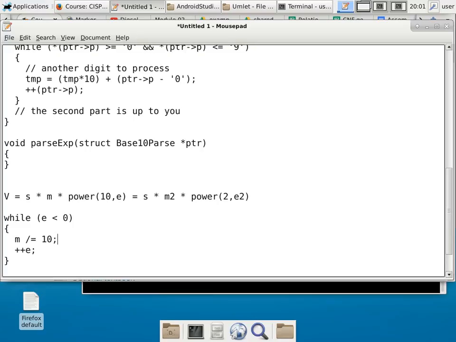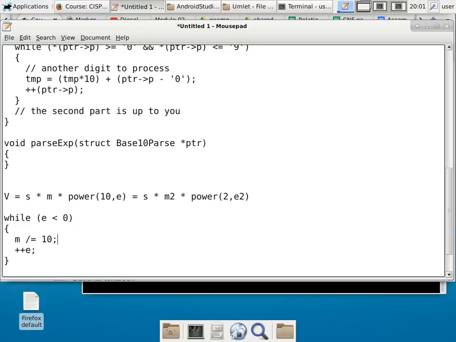So the last step is to make sure that this M2 fills up only 53 bits. If M2 is more than 53 bits, shift it to the right until it is 53 bits. If M2 needs less than 53 bits to represent it, shift it until it is exactly 53 bits.